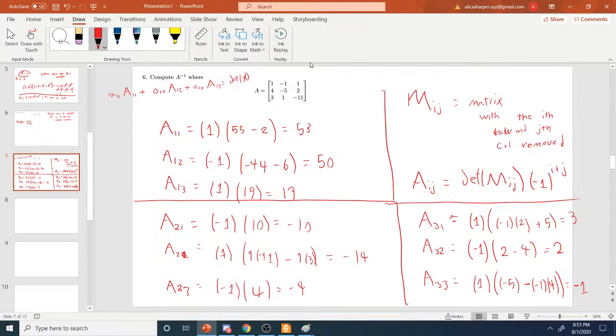Okay, so the relation of interest to me is that the sum from j equals 1 to n of Aij and big A Kj is equal to 1 if i is equal to k and 0 otherwise.